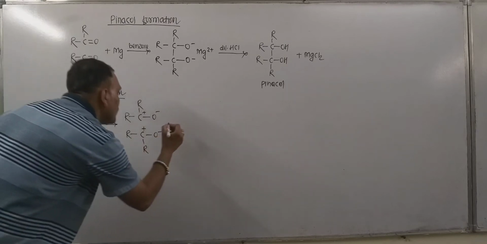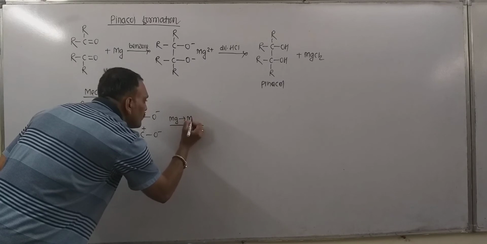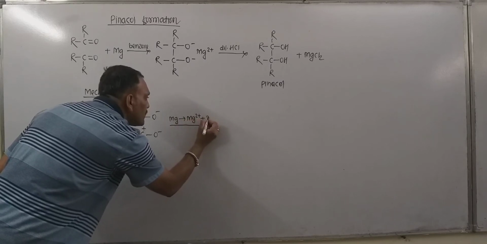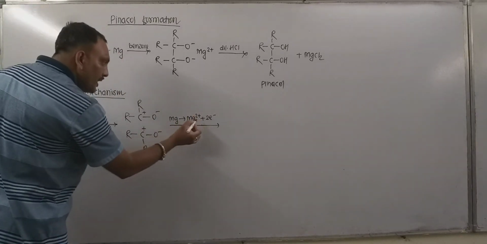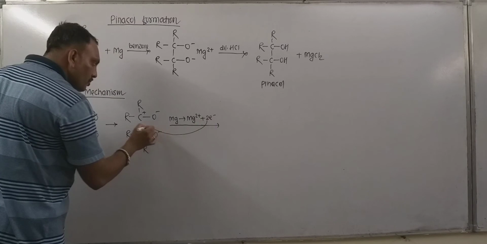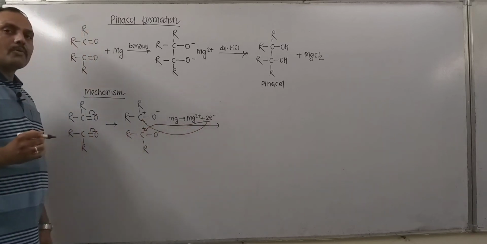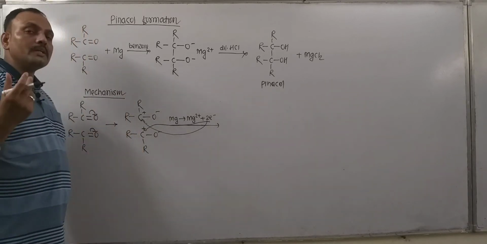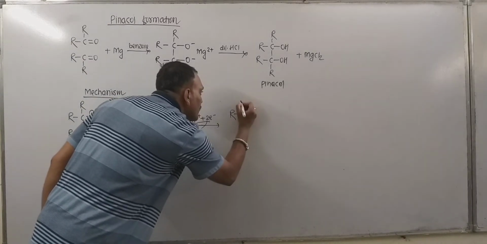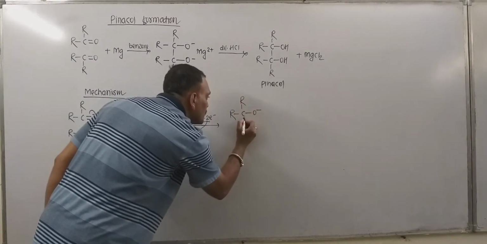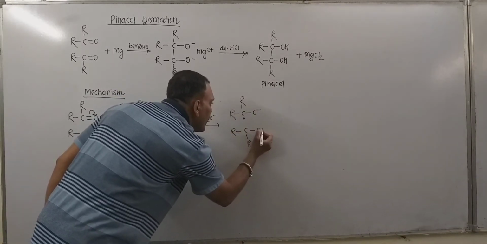Now a very crucial thing is, we know very well magnesium is an alkaline earth metal, thus magnesium forms a dipositive cation by losing electrons. Now remember, out of 2 electrons, 1 electron is donated to this carbon and 1 electron to this carbon. Who is donating? Magnesium.